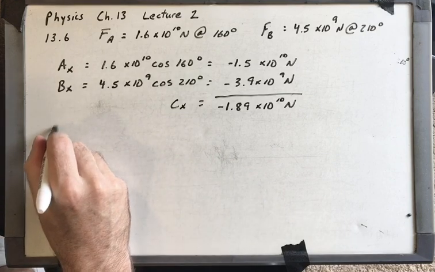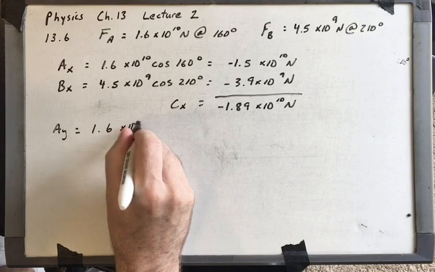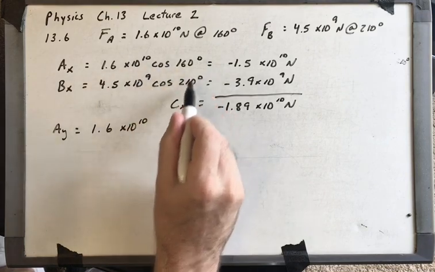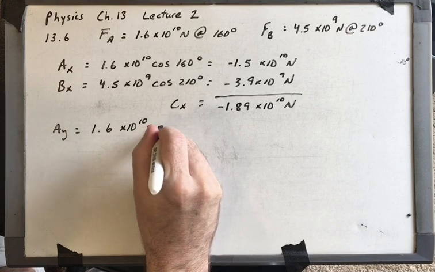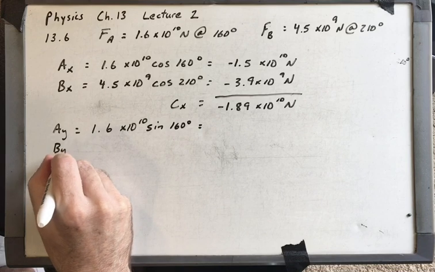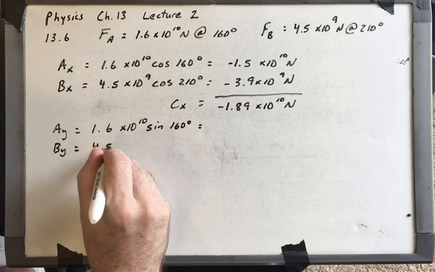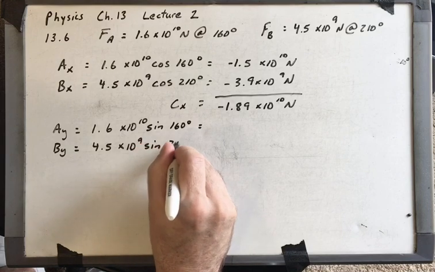Let's get the y components. A sub y is 1.6 times 10 to the 10th. So everything else up here is going to be the same, except you do sine instead of cosine. So sine 160 degrees. B sub y is 4.5 times 10 to the 9th times the sine of 210 degrees.